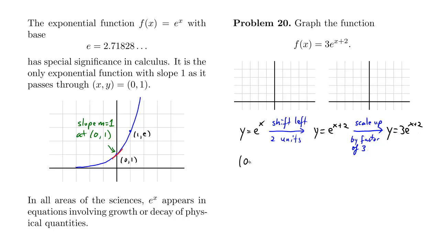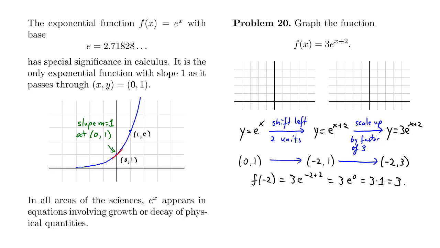So the point 0, 1 moves left 2 units to minus 2, 1, and then scales vertically by a factor of 3 to give minus 2, 3. We can also see that this is what we get when we evaluate f at x equals minus 2.